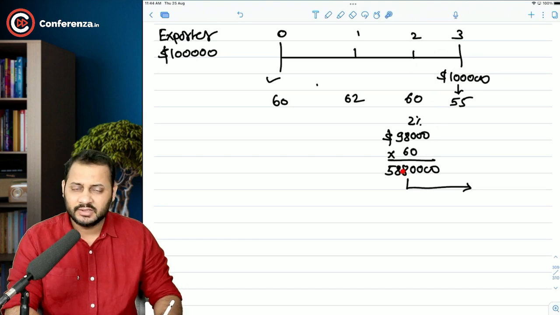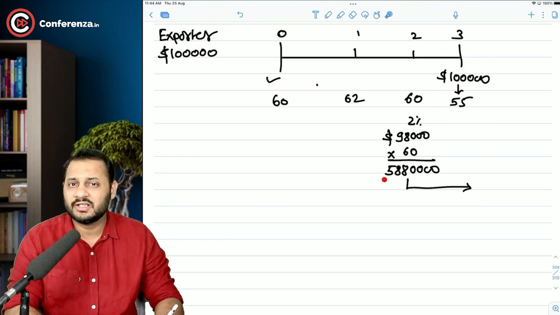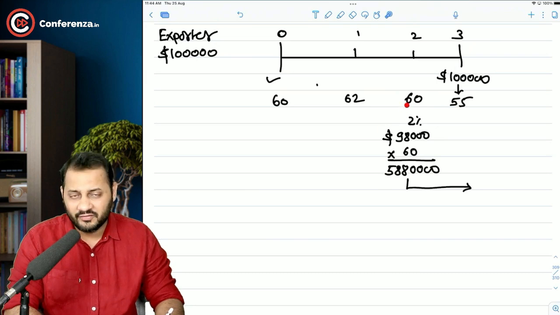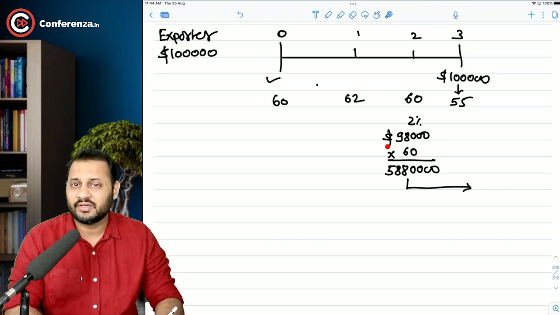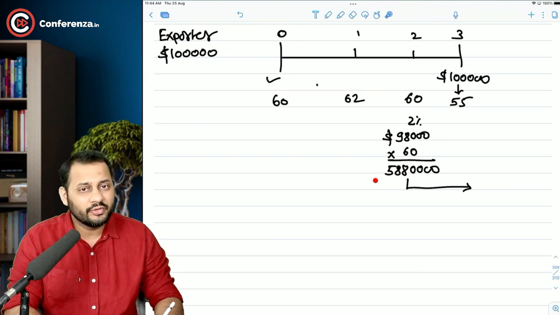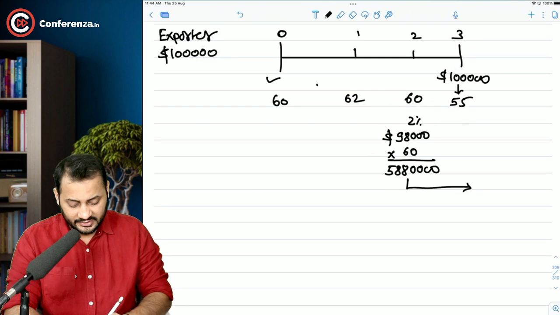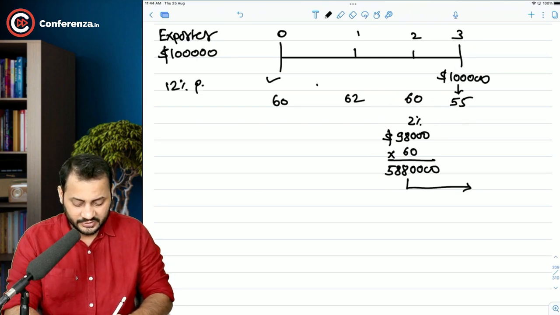Let's take an example that we want the funds only after 3 months. So even though we have received the funds after 2 months because of the favorable exchange rate and the discount that we have offered him, what we are going to do with this money is invest that for the next 1 month. Let's say the Indian currency interest rate is 12% per annum.